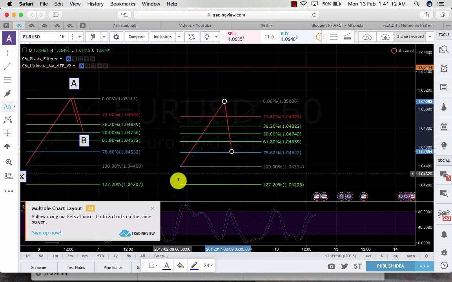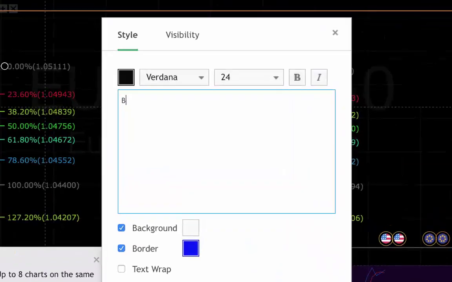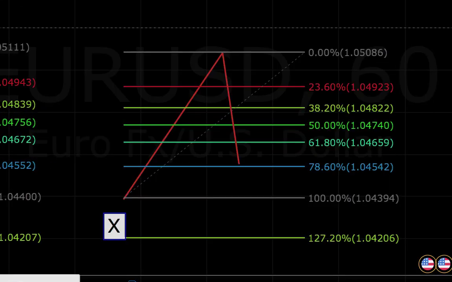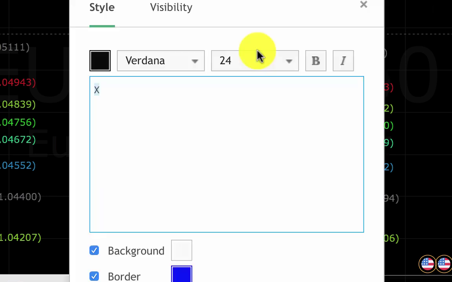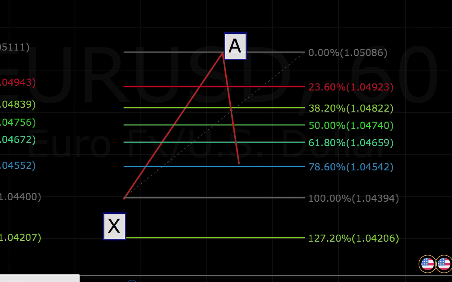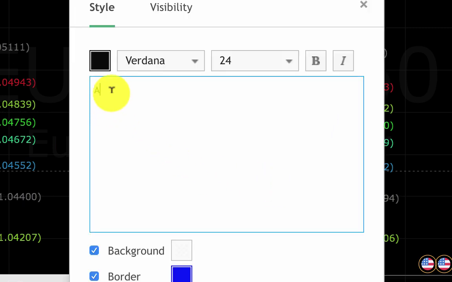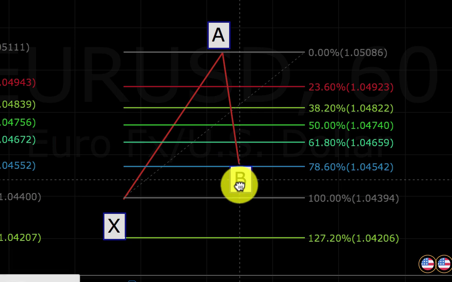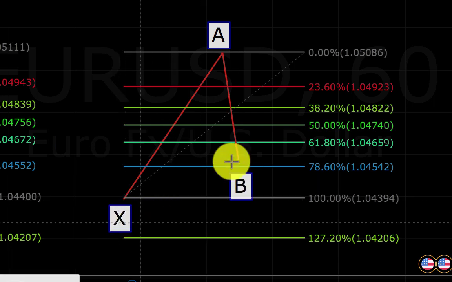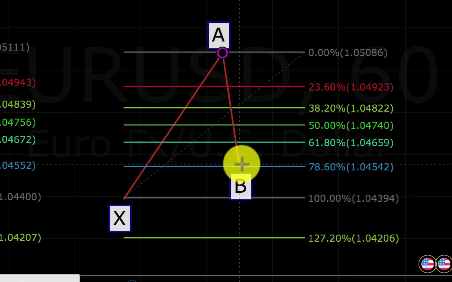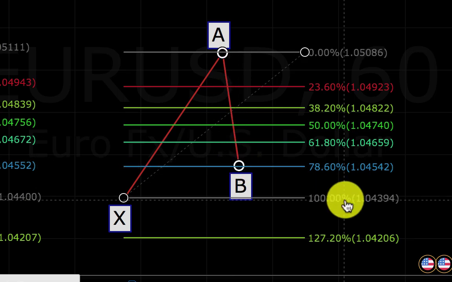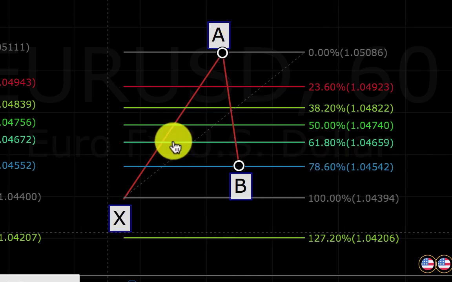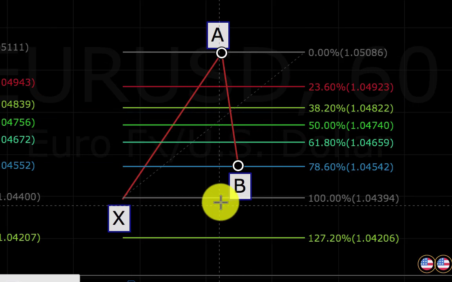So let me just point this one X and A and B. There you go. So if ever we have seen this kind of thing that is forming, that is 78% retracement of X and A, then that's a potential butterfly.